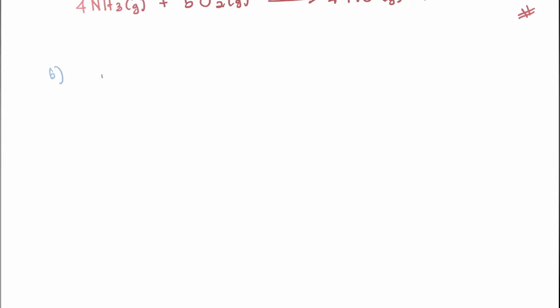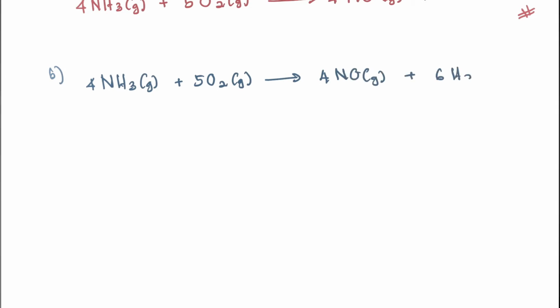So I will rewrite the equation again because I want to start with the calculation. Okay, so here we have 2 mole and here we have 6 mole. This is the initial number of mole.